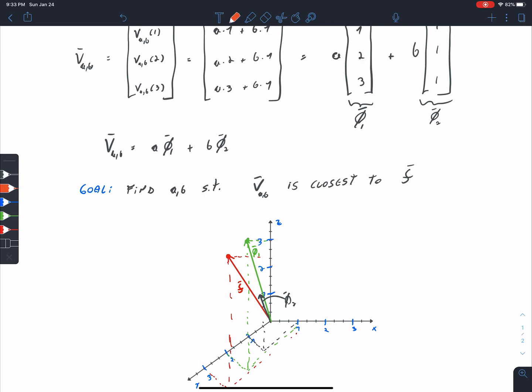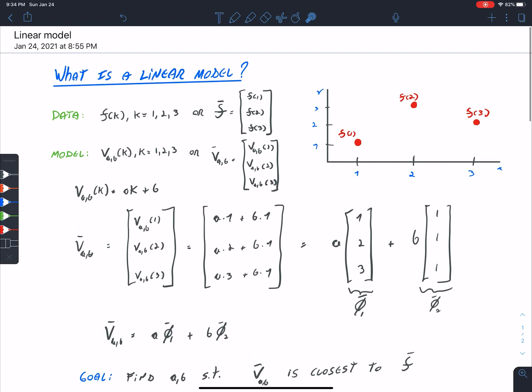And the point within this set of linear combinations from phi1 and phi2, right, we cannot get exactly all the way back here. That would mean that our line would pass perfectly through all of these points, right? And you can see these points are organized such that they don't pass through one common line. So a perfect finding of values of a and b such that this vector here is exactly equal to f, in other words, a perfect representation, is not possible.